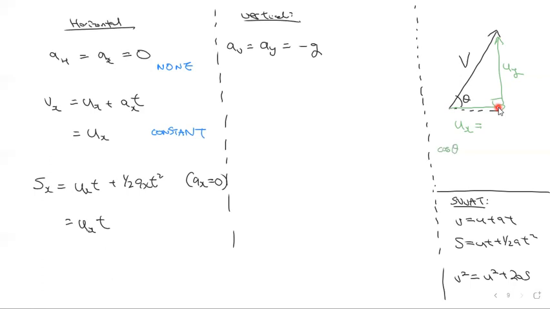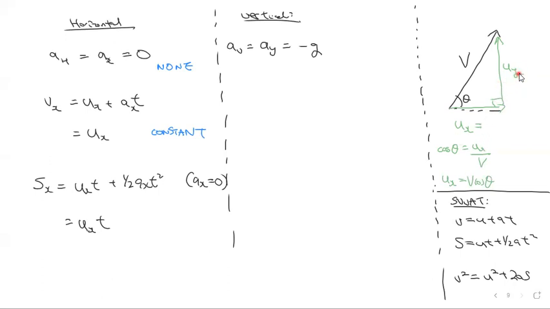Cos theta. So if you look at cosine theta, that's going to be adjacent, which is your ux, over v. And if you move the v over to the other side, that will mean that ux equals v cos theta. We will do something similar with uy.